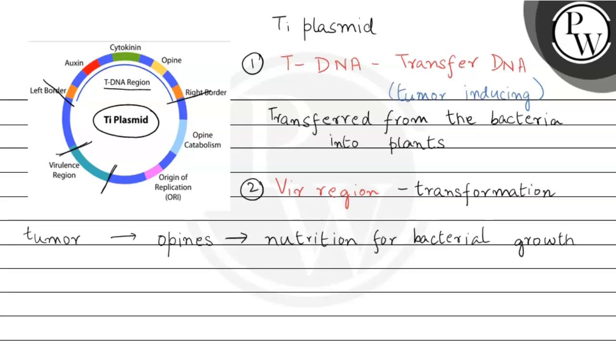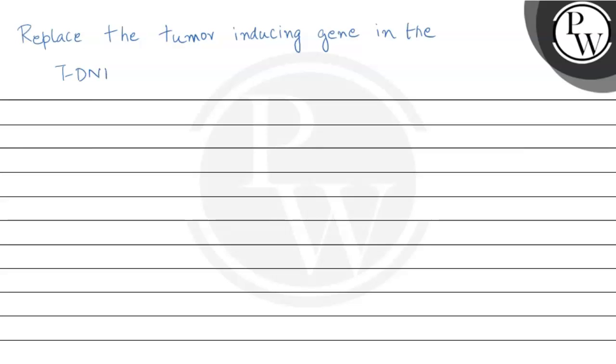Now, how can we use this phenomenon to our own need? So now we can use this Ti plasmid as a vector for gene transfer. So how can we do that? So we can replace the tumor inducing gene present in the Ti plasmid, that is particularly in the tDNA region, with the gene of our interest.